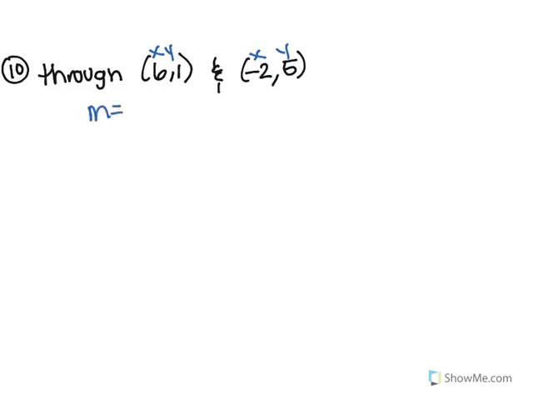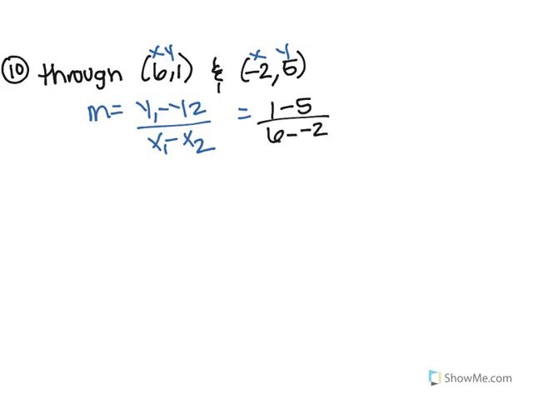And the slope formula says you're going to subtract your y's over your x's. So that would give us 1 minus 5 over 6 minus a -2 makes that a +2. So we have -4 over 8, which reduces to -1/2. So that's your m. M is -1/2.